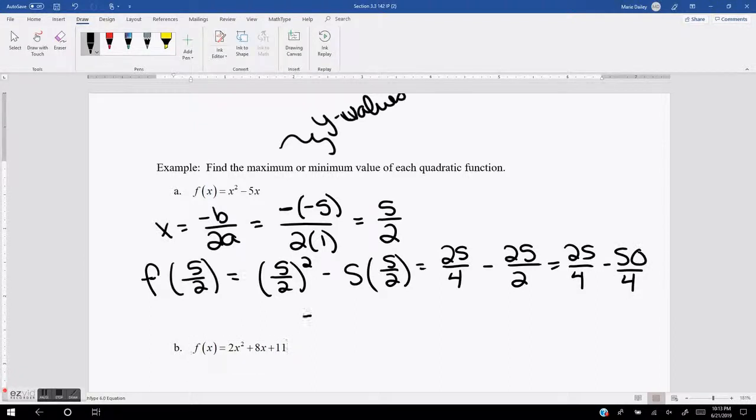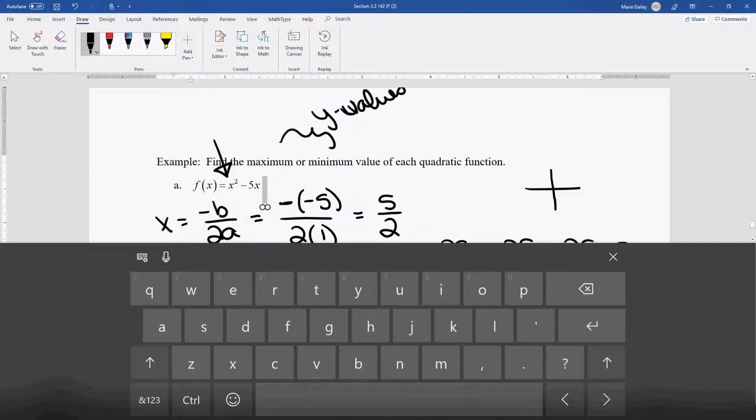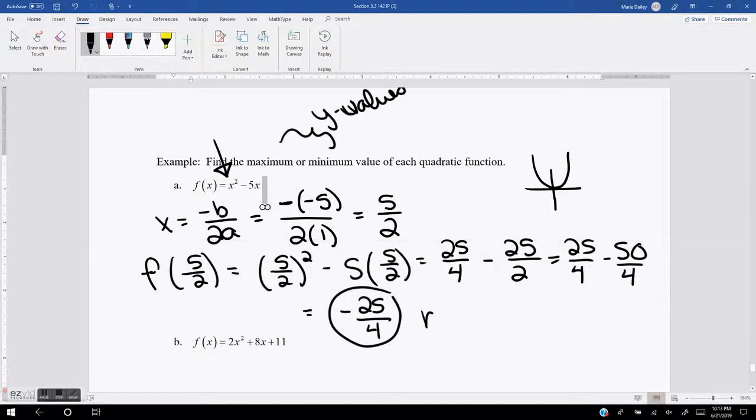So this gives me my maximum or minimum, which is -25 over 4. Now, since the coefficient of x squared is a +1, that means the graph is going to open upwards, which means that this is in fact going to be a minimum. If I can spell it, there we go. All right, so that in fact is going to be a minimum.